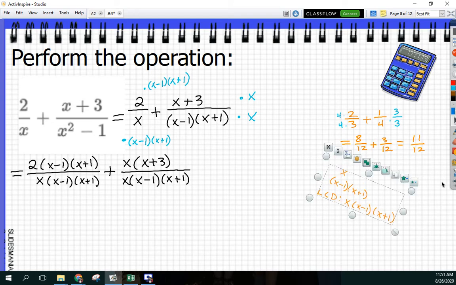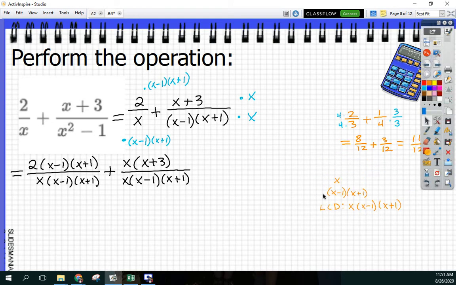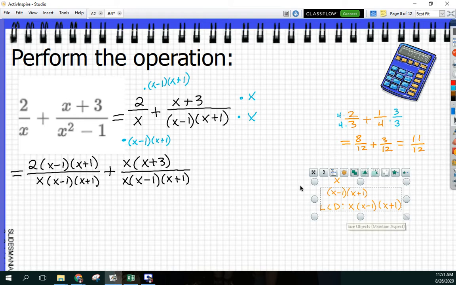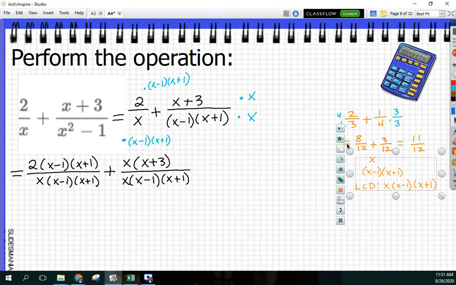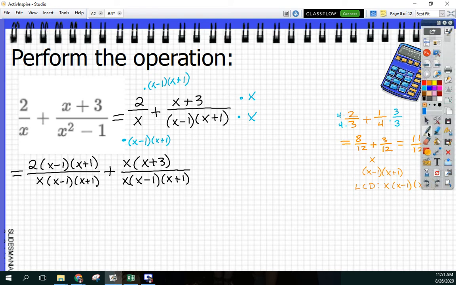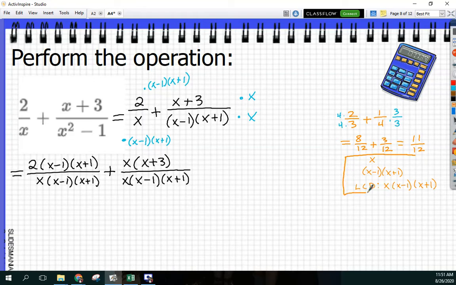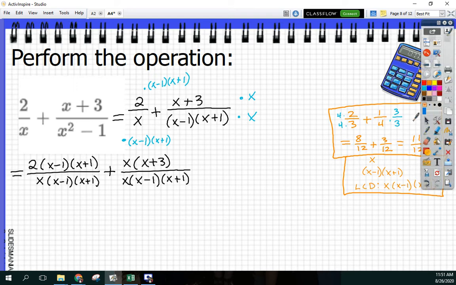So notice that our denominator does not change. I'm not adding the two 12s together. The 12 stays the same. So be careful with that because a lot of times once we start adding in variables, people kind of forget some of those steps that we recalled before.